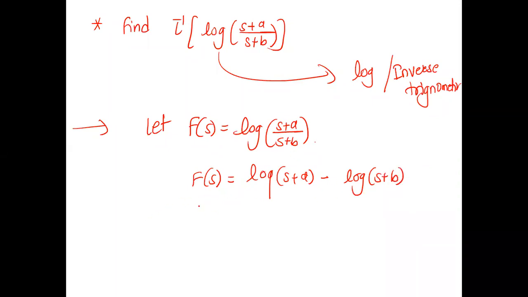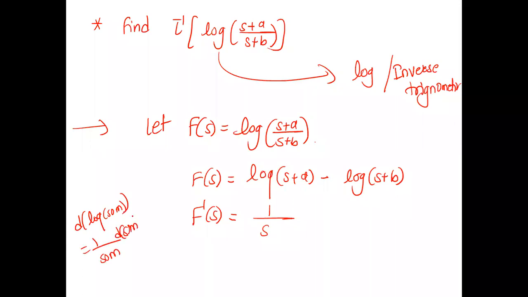Now we can take the derivatives. What is the derivative of log? 1 upon s plus... Correct. Derivative of log something is 1 upon something into the derivative of that something. Please remember. So you are taking the derivative on both sides with respect to s.